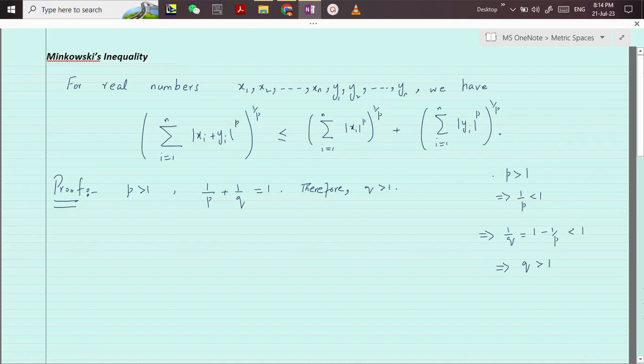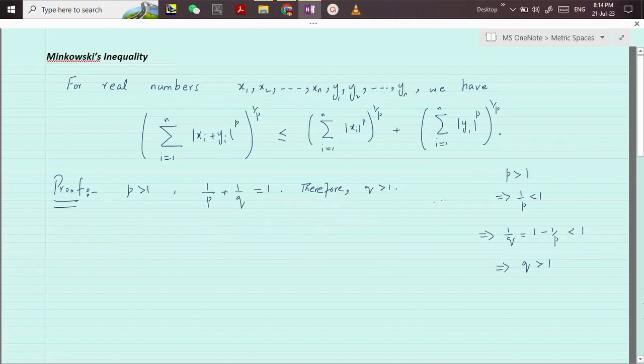In the Holder's inequality we deal with two exponents, p and q. So all these three conditions will be used in the Holder's inequality, and these two conditions are used in the Minkowski's inequality.